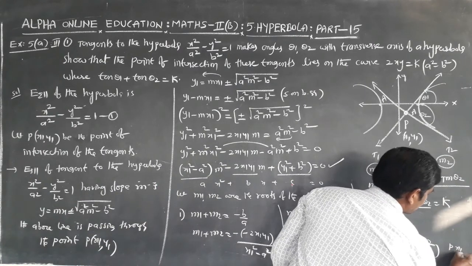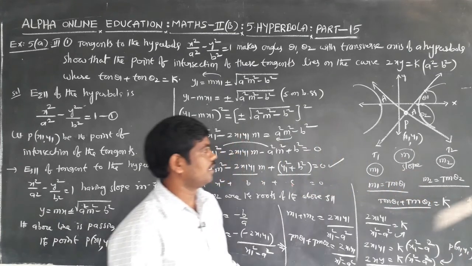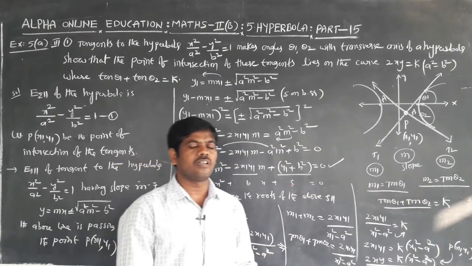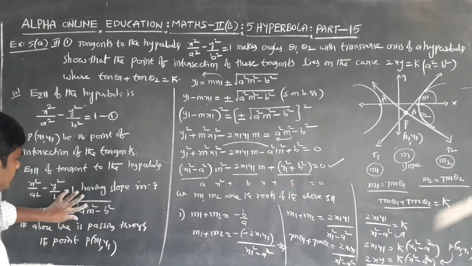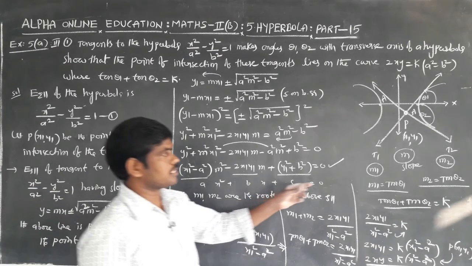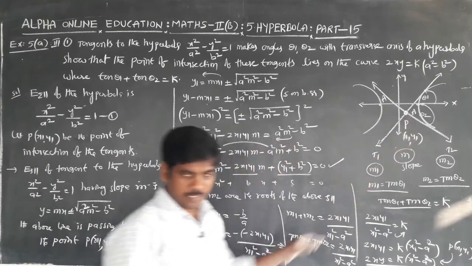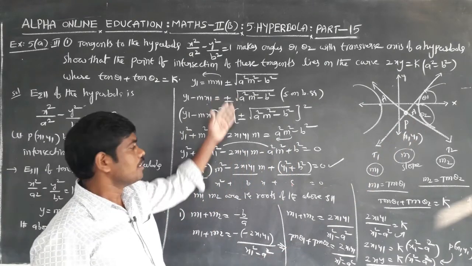This is the proof. First of all, find the equation of the tangent to the hyperbola having slope m, and the two lines are passing through the point P x1 y1. Substitute x equal to x1, y equal to y1.